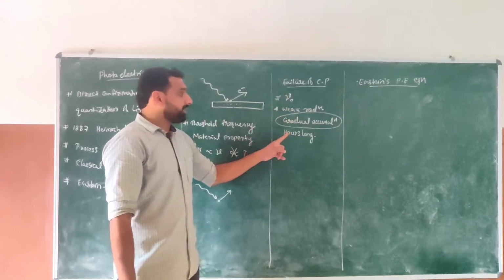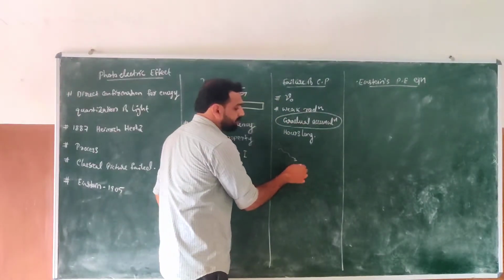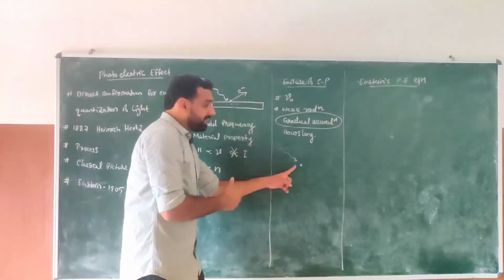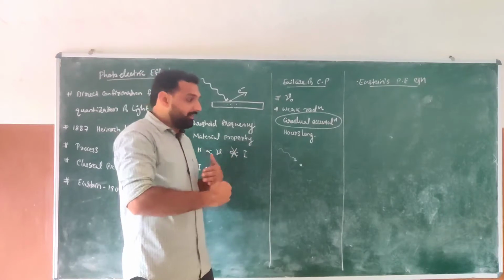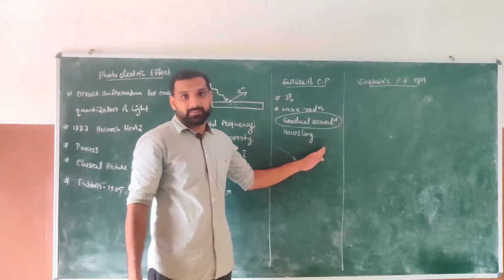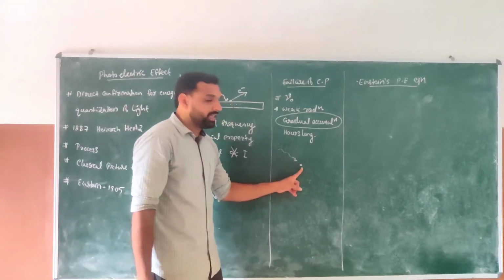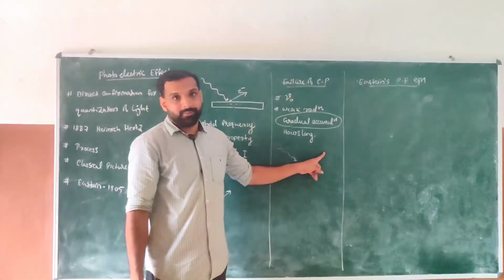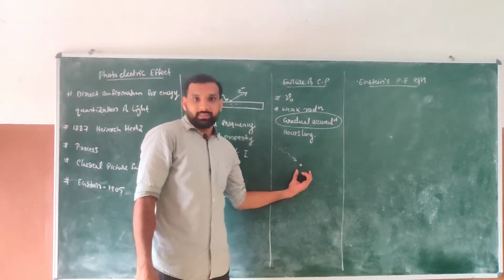According to classical physics, if we use a weak radiation, then the electron will gradually accumulate energy from the weak radiation step by step, and after getting enough energy, it will be released. If that is the case, there will be a time lag between incidence of radiation and ejection of electron; the electron would have to wait to get the complete energy.